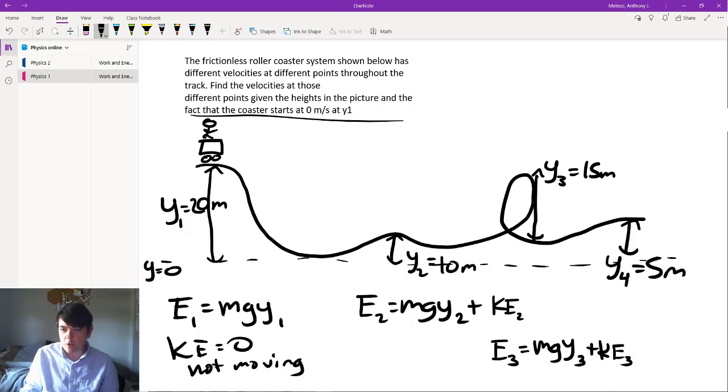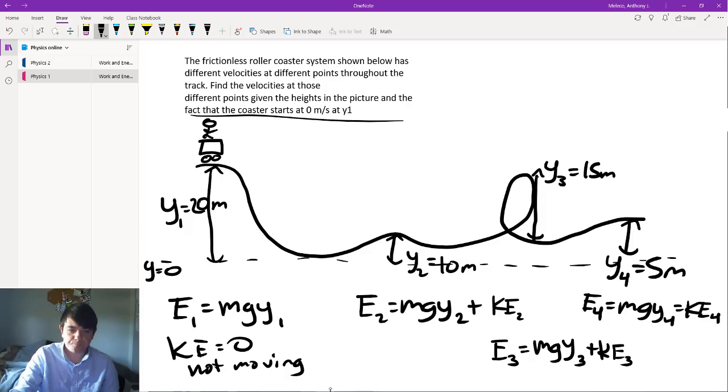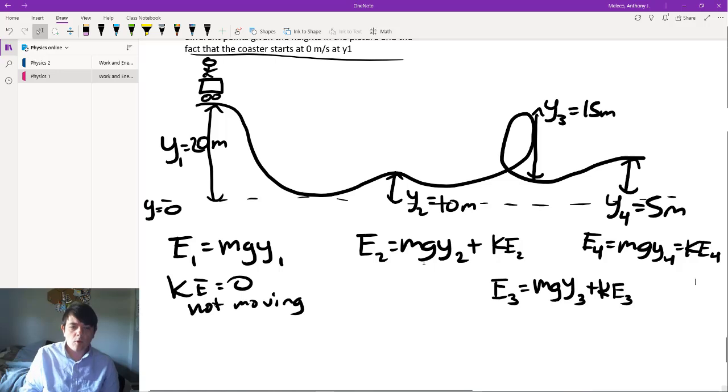And then y4 has mgy4 plus KE4. So that's pretty much it. All of these look fairly similar. There are no springs in this problem, so we don't need to worry about that. But these would be our energies at each point.